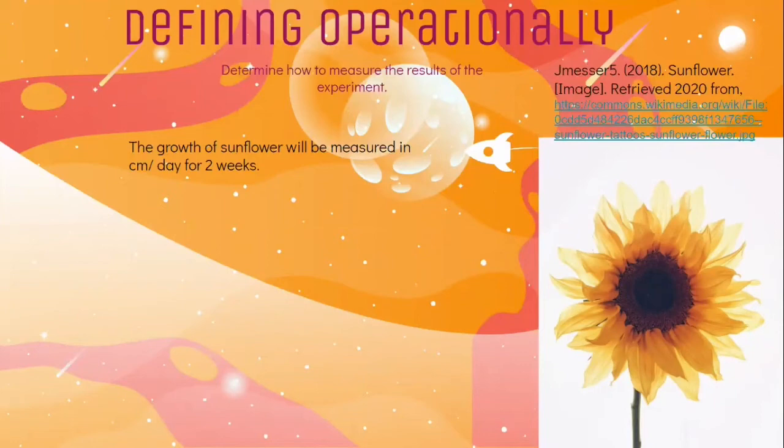And so an example here from our experiment as a dependent variable would be how much the sunflower grows, and specifying how it's going to be measured. So it's going to be measured in centimeters each day for 2 weeks. And so also I didn't clearly specify here. I made a huge assumption here that folks would understand this, but I need to specify that this is going to be the stem height, right?